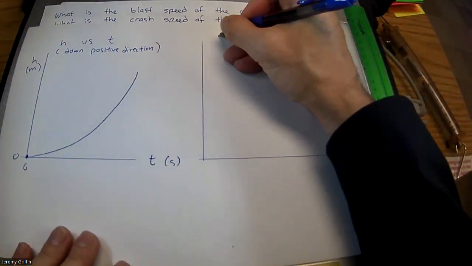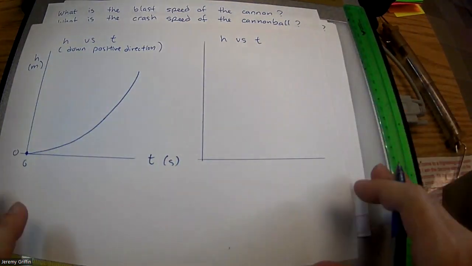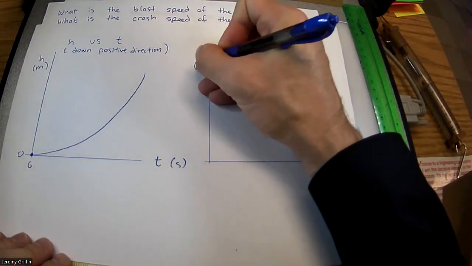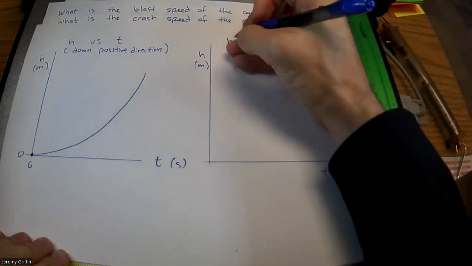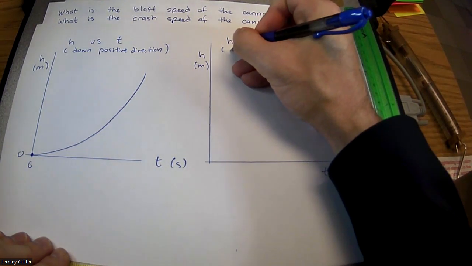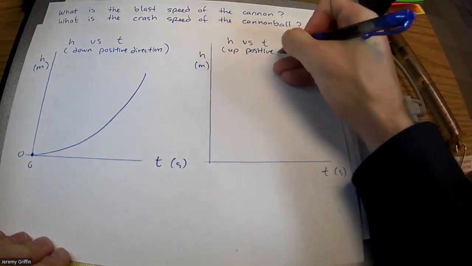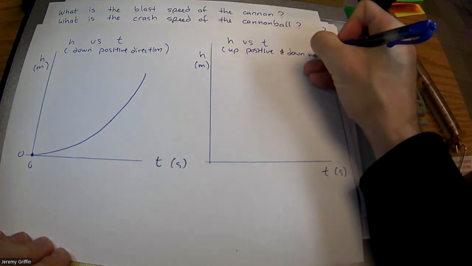What if I do this? Because since you guys are in AP, you have to be able to field different definitions, different scenarios. So what if I have the exact same scenario? So nothing's physically changing, but I just changed the definition of what's up. Let's call up positive and down is negative direction.